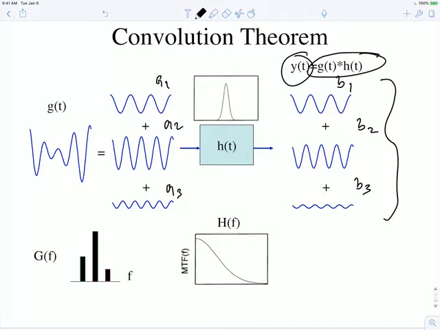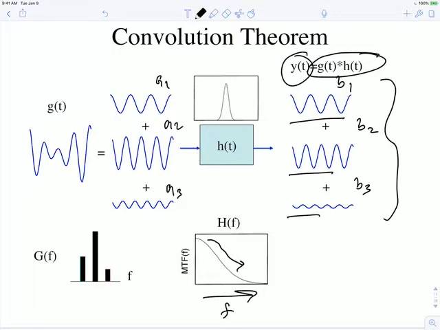Now you notice the way these are attenuated, the first frequency doesn't get attenuated very much, the second one gets attenuated a little more, and the third one gets attenuated the most. And so this corresponds to this sort of decreasing attenuation in the frequency domain.